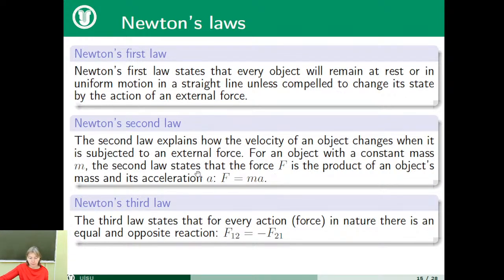This expression tells us that if the net force on a body is 0, the body's acceleration equals 0. If the body is at rest, it stays at rest. If it is moving, it continues to move at a constant velocity.